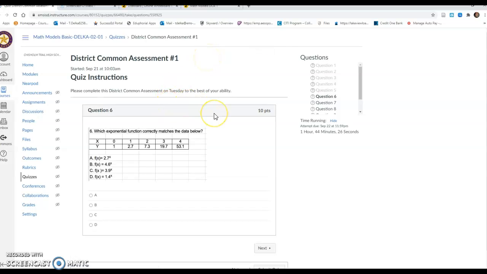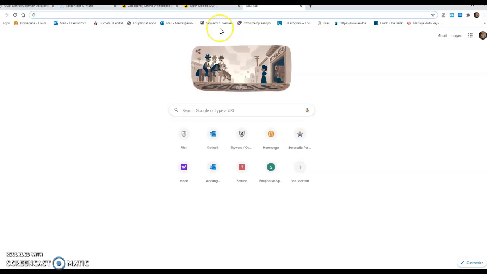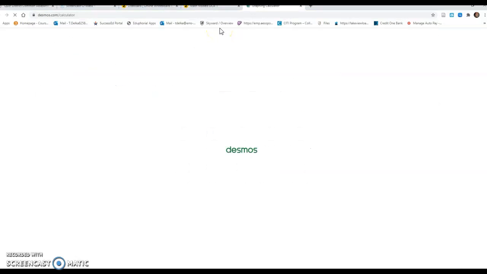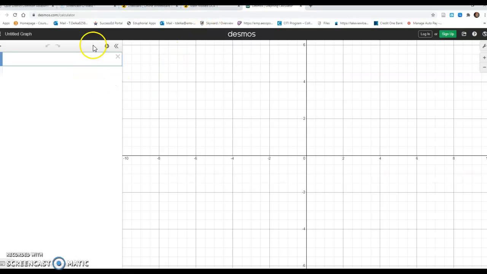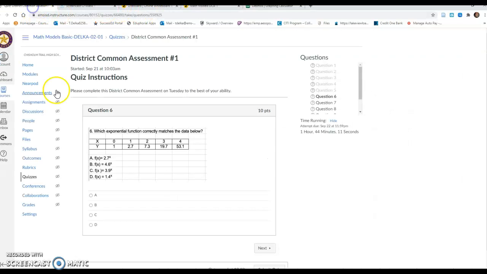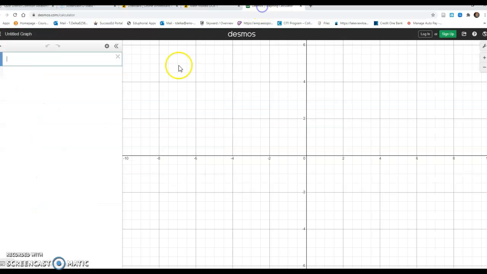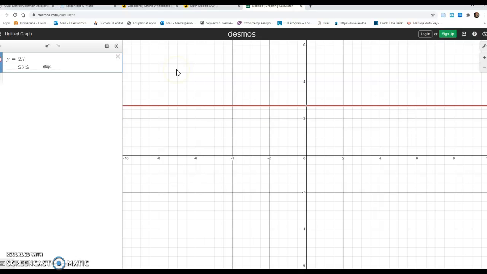Okay, this next one. Which exponential function correctly matches the data below? I'm going to show you guys a trick because I feel like you're not utilizing your Desmos like you should. Desmos is incredible because all I have to do is take these graphs, and I can look at the chart in the table here in a minute, but I've got y equals 2.7 to the x. Give me a second, I'm trying to remember because on my other computer I can make it go.